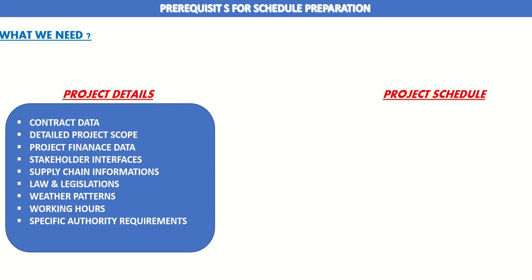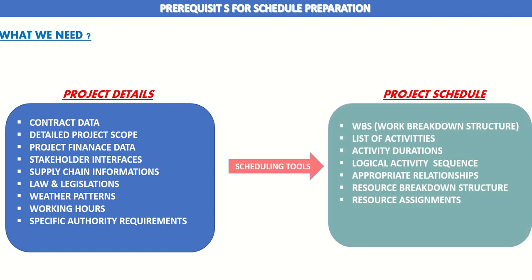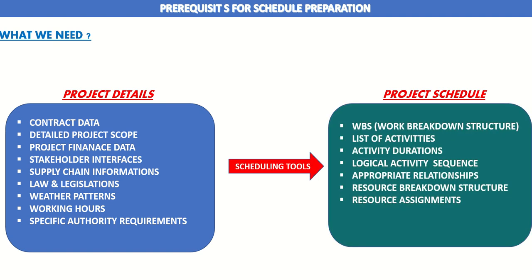Once you have these project details, the next step is to create the information you need. The information on the left side is available to you; you can't create it.